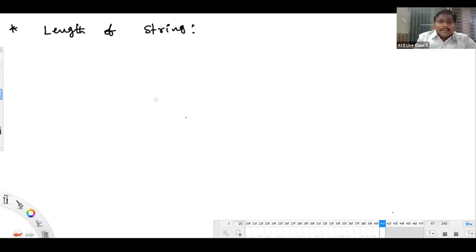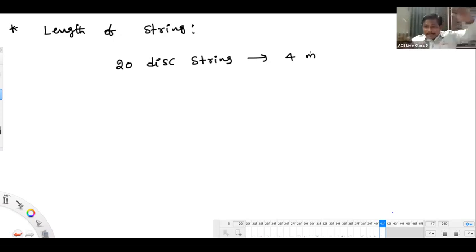Generally, a 20 disc insulator string, maybe a 400 kV string, will have a length of 4 meters. Okay, see, listen. See, for example, this is that 20 disc string we have.